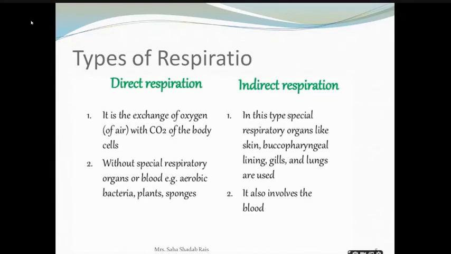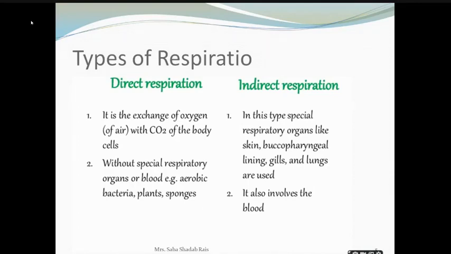For that particular purpose, it must have blood, and blood must have respiratory pigments. So this pigment can hold the oxygen and take it to all parts. For that reason, blood is important, and blood circulation is also important to pass on the respiratory gases into the body.